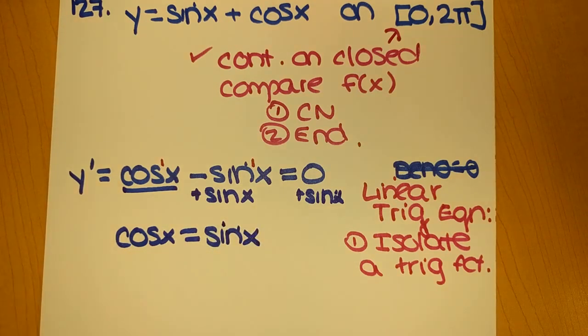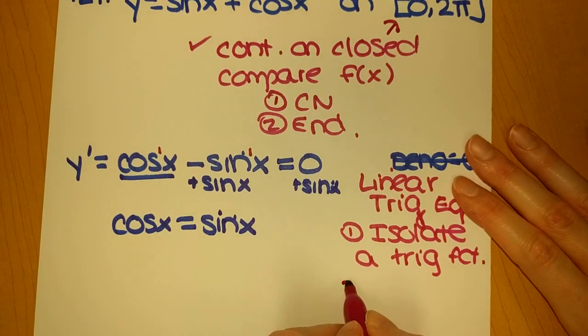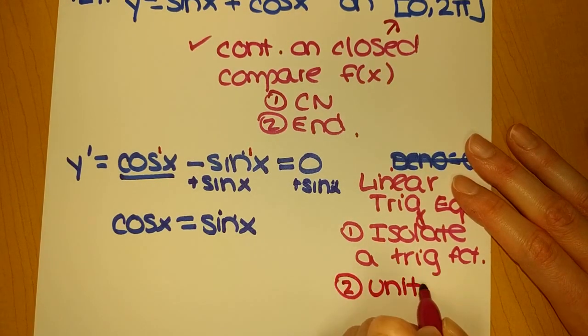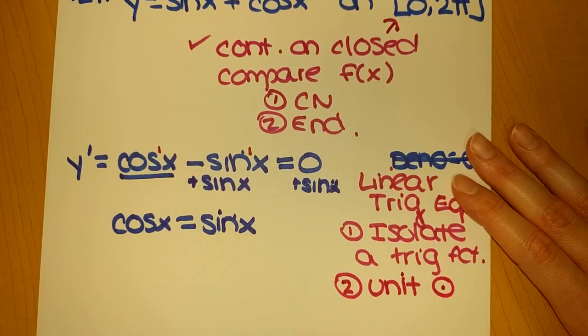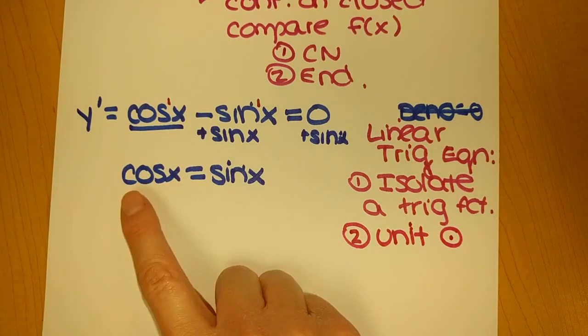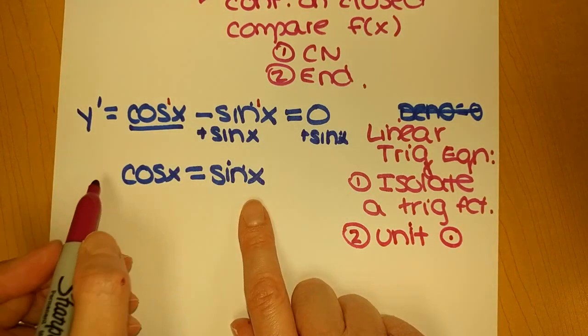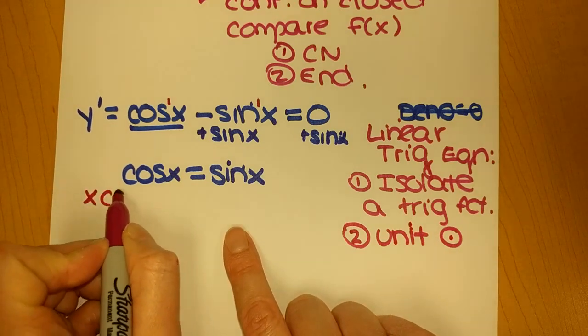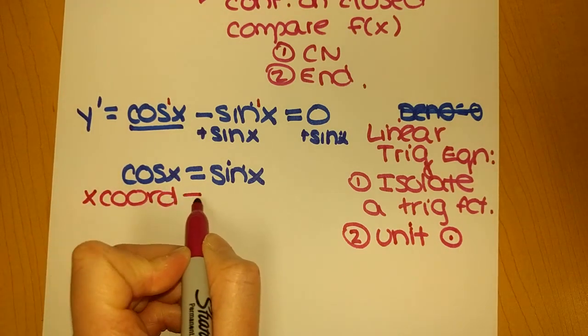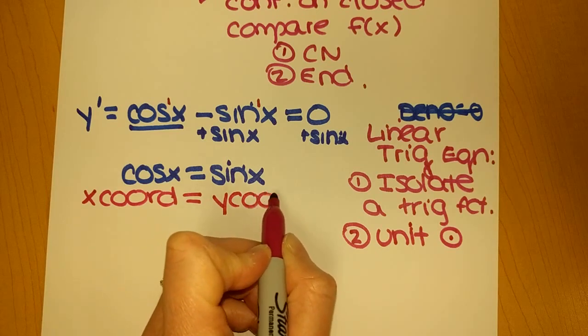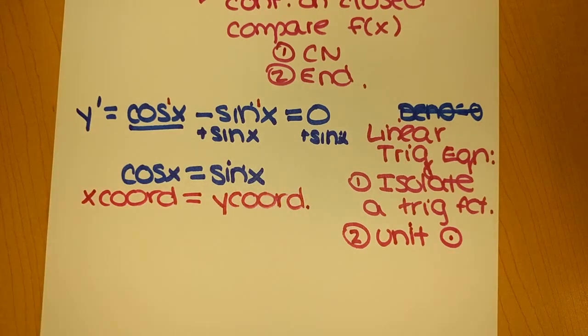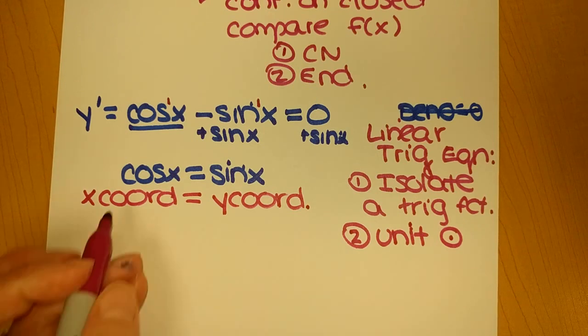Okay? Now, once you have your trig function isolated, you then want to look at your unit circle and try to figure out on the unit circle what information you can get to solve this equation. So cosine x equals sine x means that we want our x coordinate on the unit circle to be equal to our y coordinate on the unit circle. So to answer that question, we're going to have to go to our unit circle.